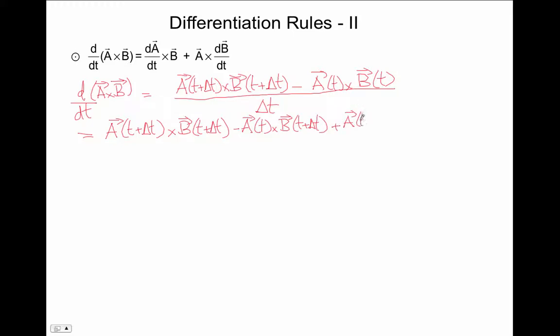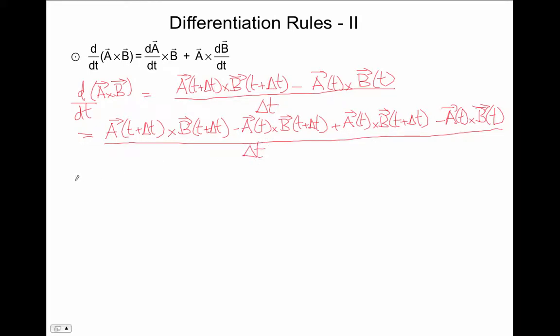So a of t cross b of t plus delta t, and then minus a of t cross b of t, divided of course by the time difference. And now we can take a at t plus delta t minus a of t out and divide this by delta t, and this whole thing is now crossed with b of t plus delta t.